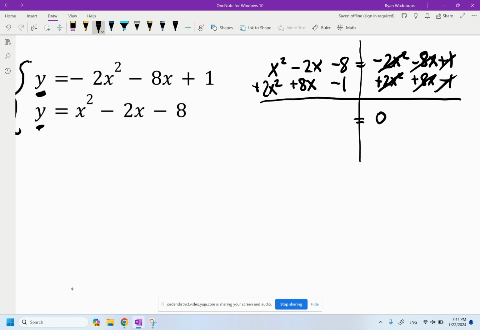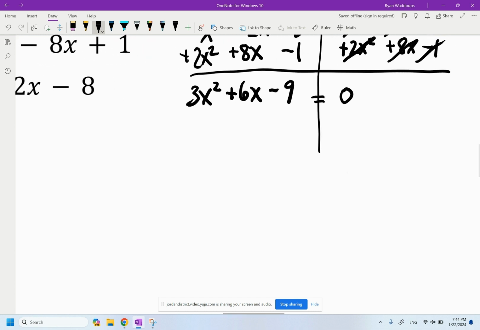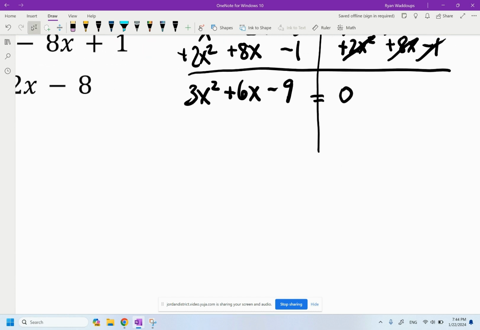On the left, we've got x squared plus 2x squared is 3x squared. Minus 2x plus 8x, or 8x minus 2x, however you want to look at it, would be plus 6x. And then finally, minus 8 minus 1 would be negative 9. And then I've got an equation in standard form. I want to see if I can solve this by factoring.